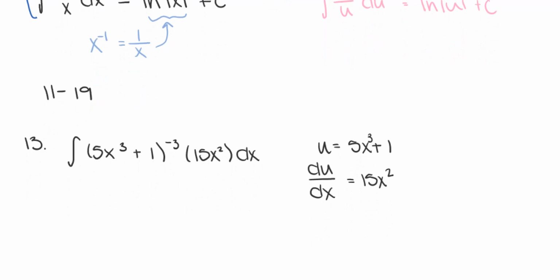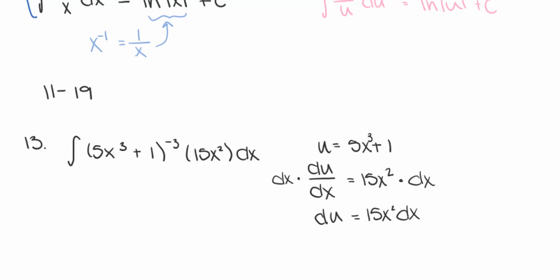And then we can treat this like a fraction and multiply both sides by dx, giving us du equals 15x squared dx. So now we have that this is our u, and our 15x squared times our dx, that's our du.